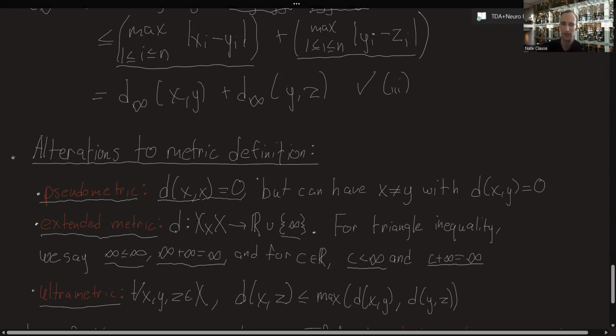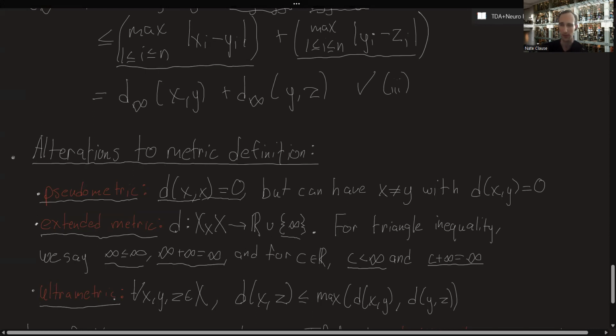Namely, every metric space is also a pseudometric space, and every metric space is also an extended metric space. But on the flip side, an ultrametric space is a strengthening of the metric space definition. So it does not hold that every metric space is an ultrametric space, but instead it's the reverse. Every ultrametric space is a metric space.